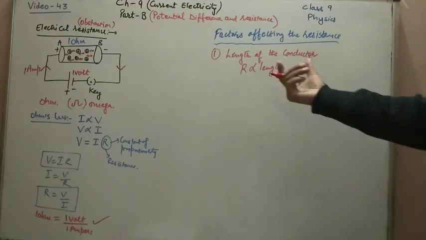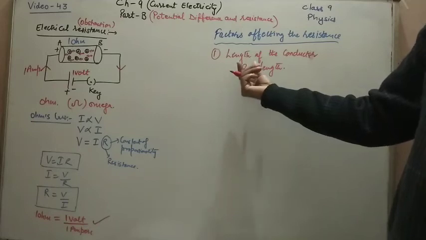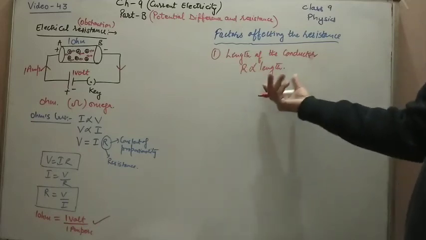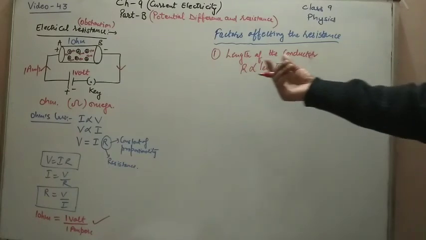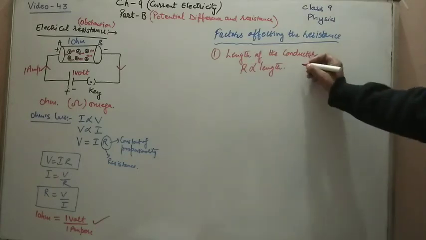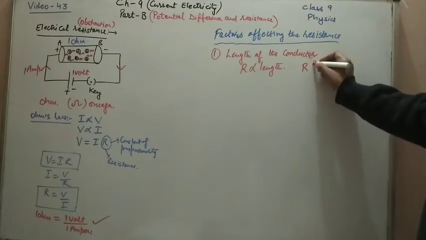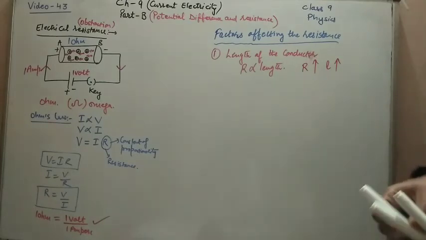If the length is less, the number of collisions will be very small in that wire. If the length is large, the number of collisions of electrons with the ions will be large. So resistance will increase with the increase in length or decrease with the decrease in length.